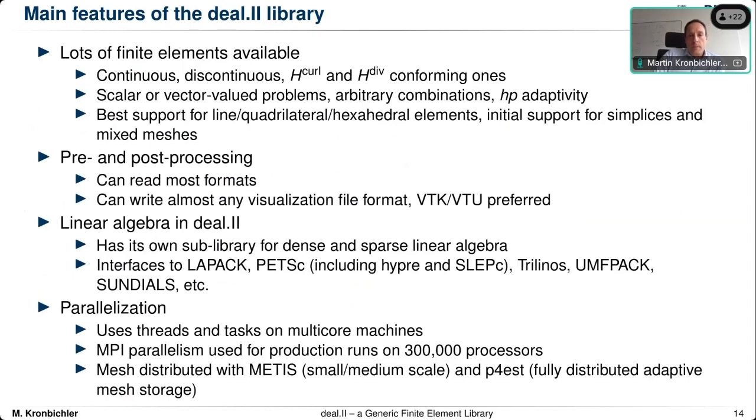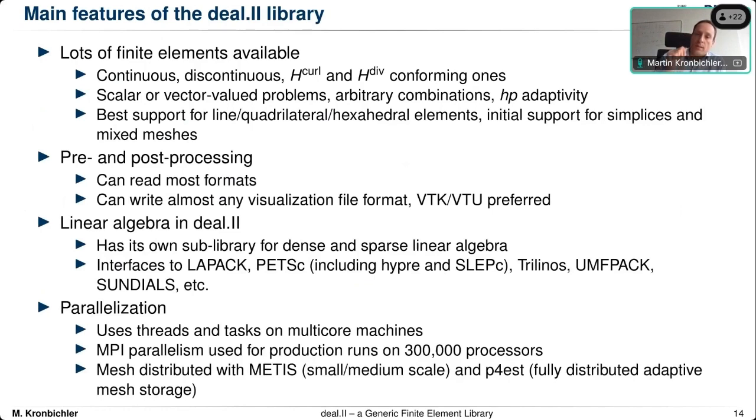The deal.II library, as I told you, is kind of centered around the partial differential equation setting. So we have a finite element infrastructure. We provide elements of continuous kind, discontinuous ones, which are the ones that many textbooks teach. We also have H-curl and H-div conforming spaces, which are more advanced spaces for certain mathematical problems.